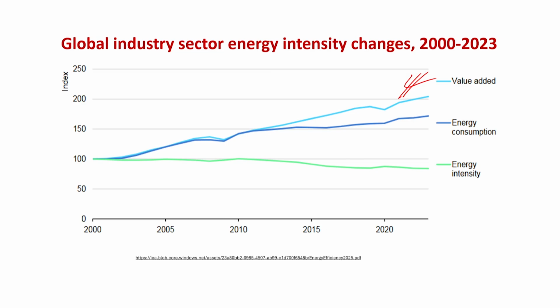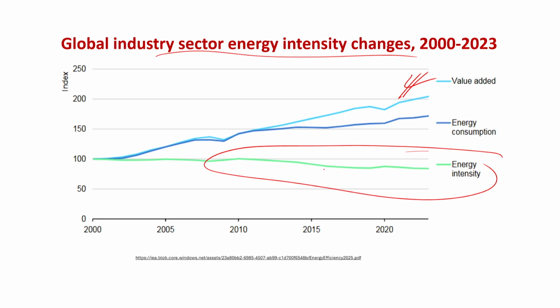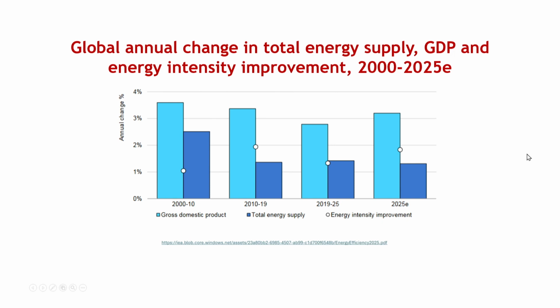When we look at global industry sector energy intensity changes, that has been positive because companies have worked towards it, but since more services have been added to the whole industrial sector, the overall energy consumption has actually gone up. So you need to be a bit careful if you use it as an indicator, but this is at least one indicator which has seen some traction of late.